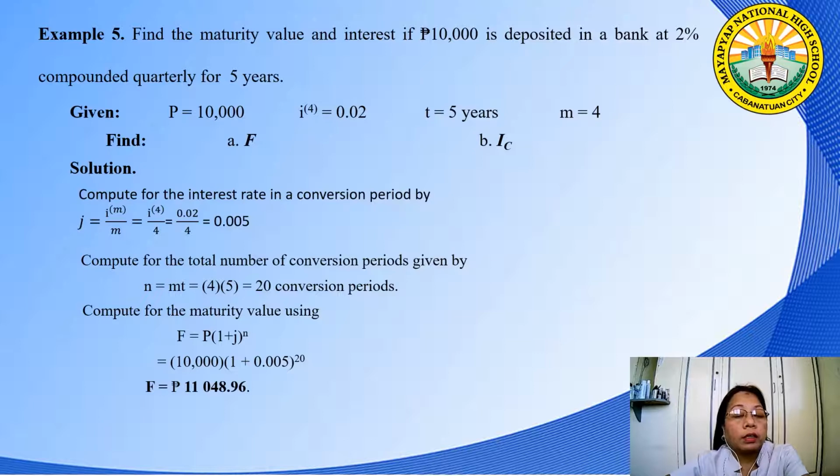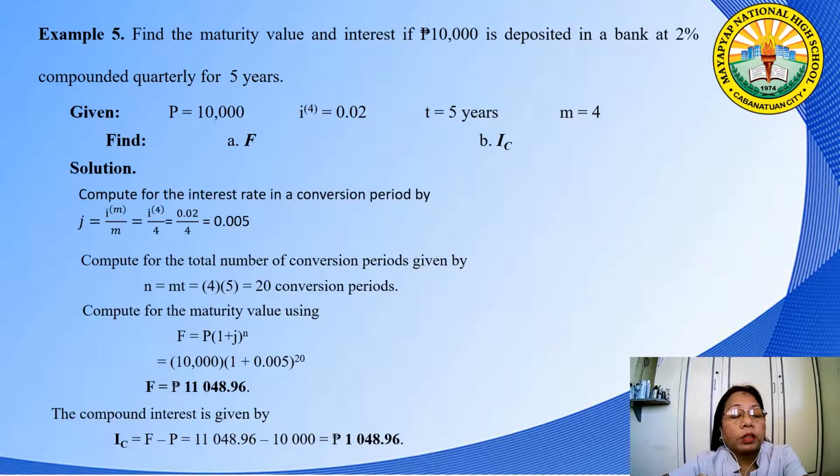And to find the compound interest, it is given that I sub c is equal to F minus P. Where F is 11,048.96, you subtract the present value, which is equal to 10,000 pesos. So the compound interest is 1,048.96.